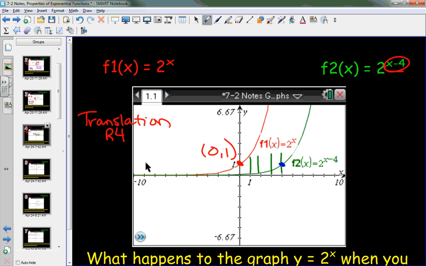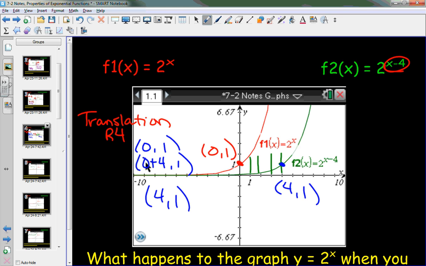4, 1. Well, how did I go from 0, 1 to 4, 1? What happened? What changed is I have a horizontal shift, which means I'm taking the point 0, 1, and I'm adding 4 units to the x to get the point 4, 1.